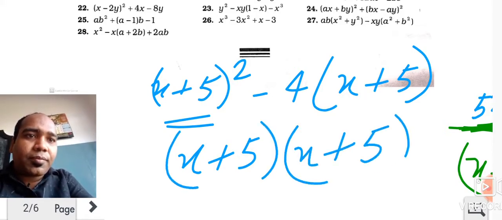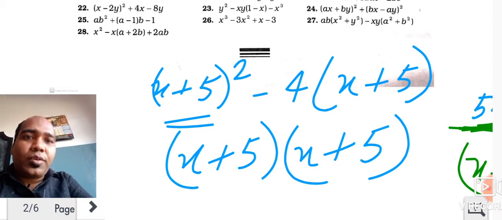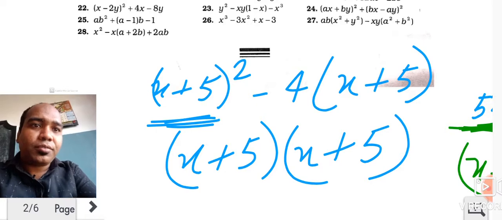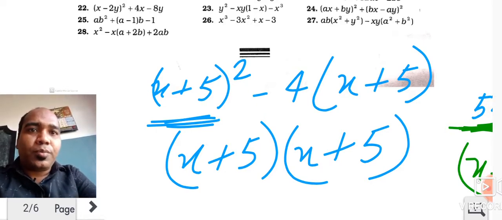This is the meaning. So here x plus 5 is being multiplied 2 times. That's why its power is 2.